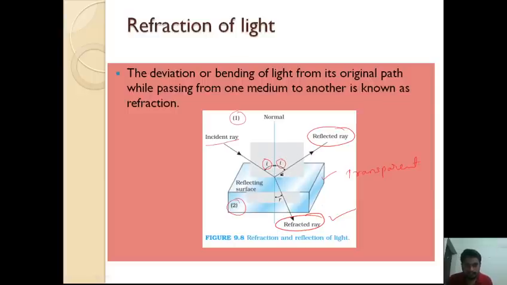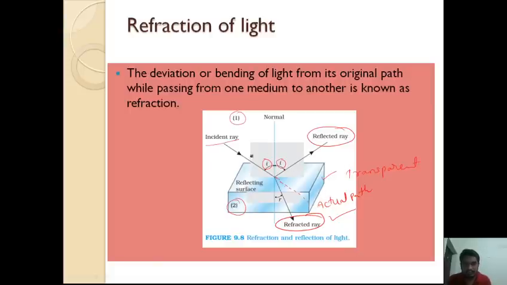Here, if there is no glass medium, what would be the path of the light? It would be in this path. This is the actual path of the light ray. But while it is traveling from one medium to another medium, its path is deviated, its direction is changed.